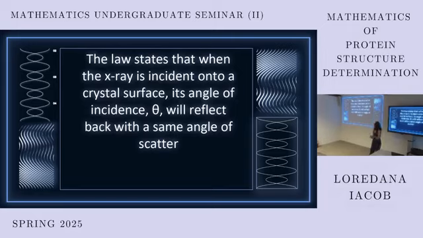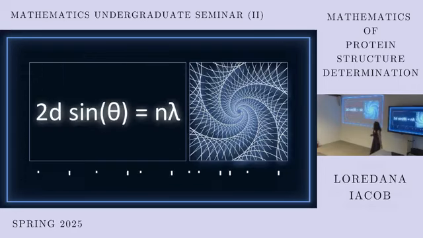The way it is reflected is the same as when you reflect light off a mirror, with a reflection angle the same as the angle theta, the angle between the plane and the incident ray. The law states that 2 times the distance between the planes times the sine of this angle theta equals an integer multiple of the wavelength of the ray.